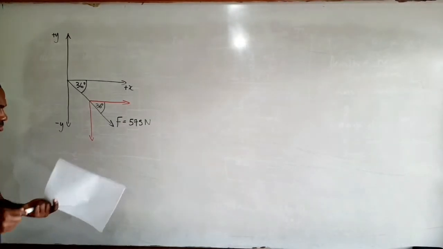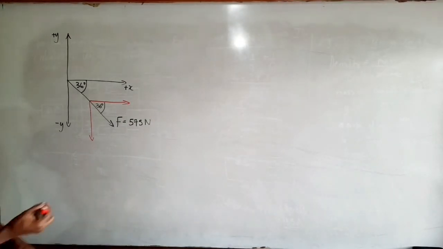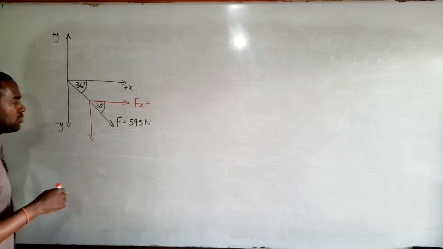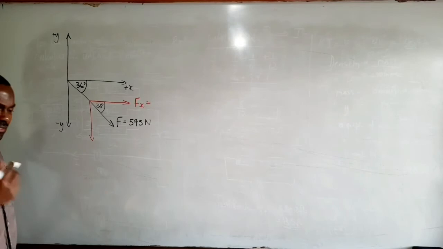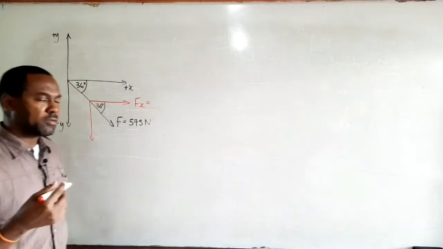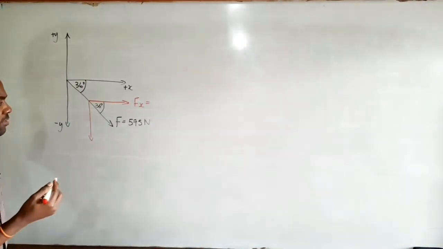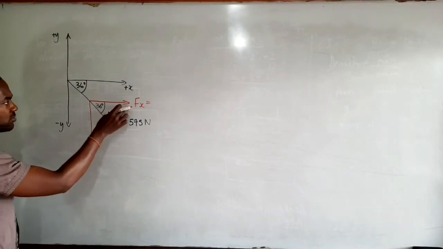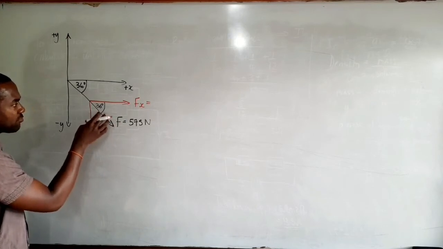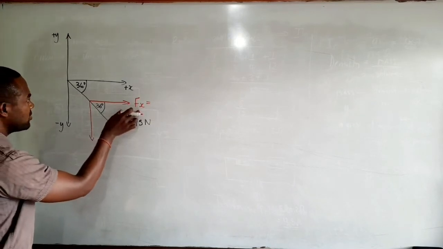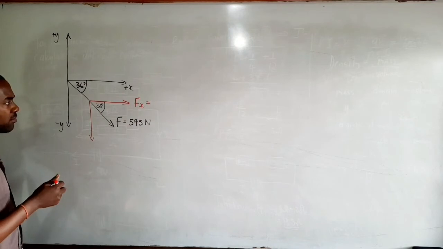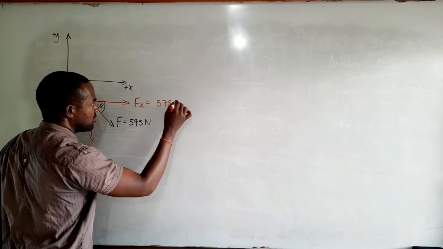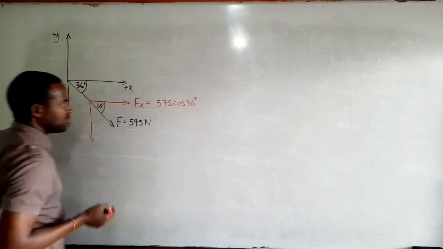So the x component, let's call it Fx, equals, now this component is acting in the positive x direction, and typically our convention is that in that direction the vectors will be treated as being positive. Because this component runs adjacent to the angle of 36 degrees, it will be in terms of the cosine of the angle. So Fx is equal to 575 cos 36 degrees.